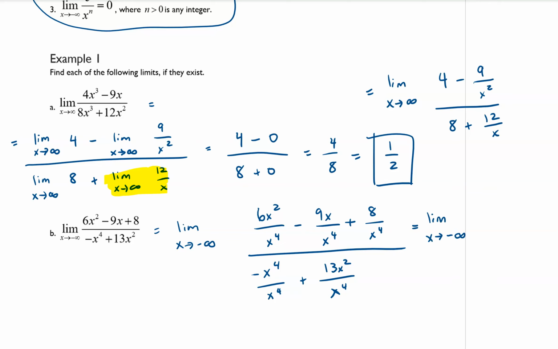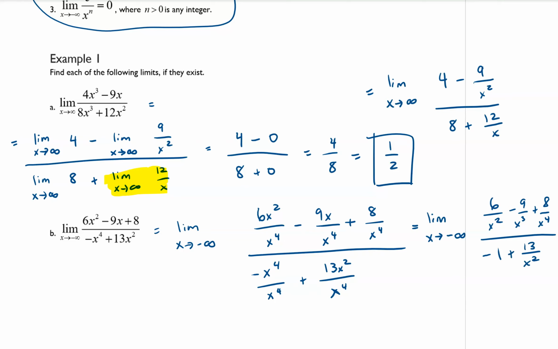So that's going to become 6 over x squared minus 9 over x cubed plus 8 over x to the fourth, over -1 plus 13 over x squared.